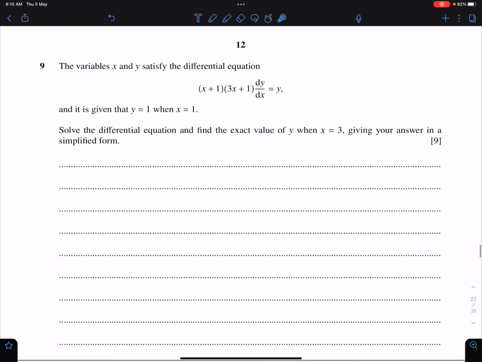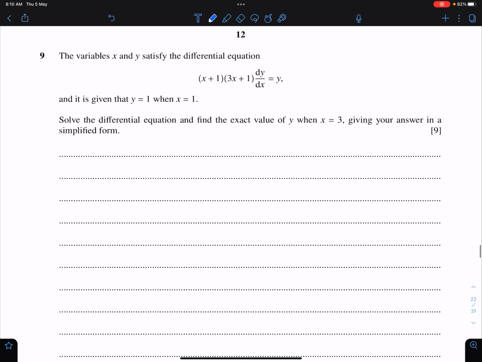Next question, number 9. Well, we have to solve this differential equation. For that, we need to do variable separable. So we have to shift these two on right hand side with this dx, and we have to bring this y on left hand side.